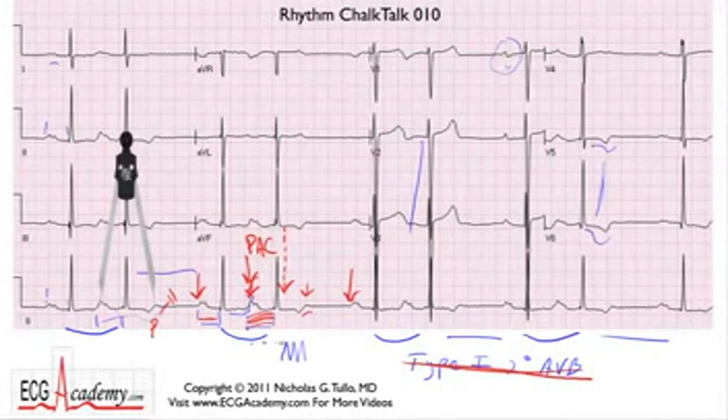You get a compensatory pause, and there's no other P wave in here. There's no P at all. What you get is the next sinus beat, and then the next PAC. Okay, so you have a pattern of a sinus beat, PAC, compensatory pause, sinus beat, PAC, compensatory pause.